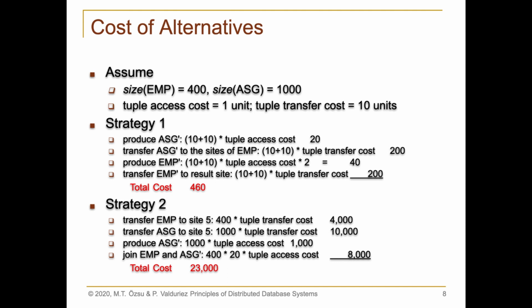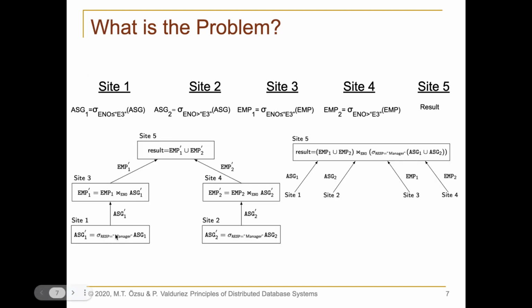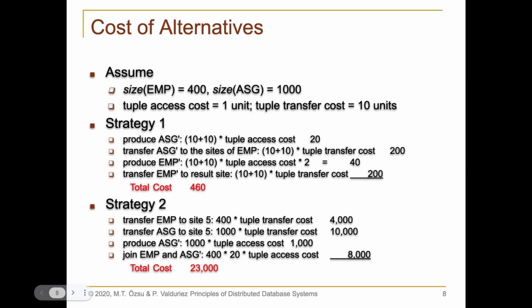So assignment 1 prime is a sub-relation that we get by applying a primary horizontal fragmentation on assignment 1. And assignment 1 is currently located in site 1, as you can see in this diagram, according to strategy 1. And assignment 2 prime is again a primary horizontal fragmentation of the assignment 2 relation, which is currently placed in site 2.